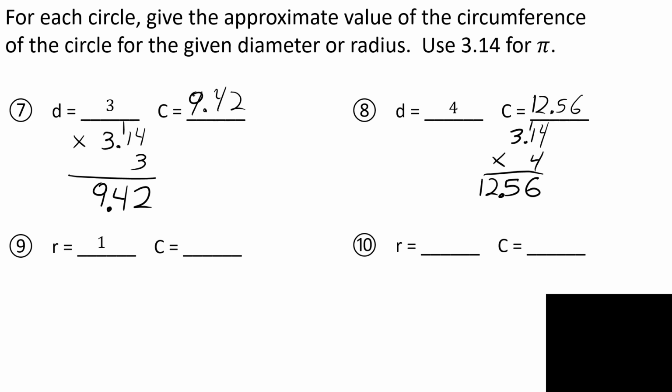Ooh, number 9, we're going to be given the radius. Now, if I want the circumference, I really need to know the diameter. So I've got to take the radius and multiply it by 2, right? 1 times 2 is 2.